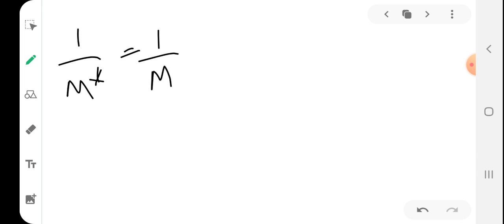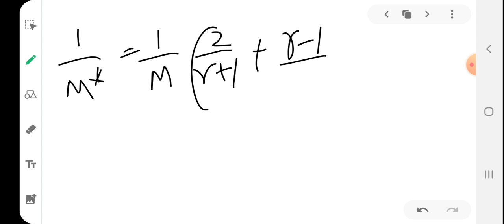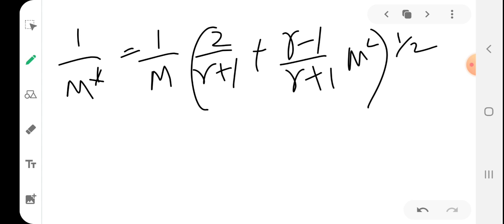You will get 1 by Mach star equal to 1 by M into 2 by gamma plus 1 plus gamma minus 1 by gamma plus 1 Mach square, whole raised to half. Students, this is nothing but V star by V.